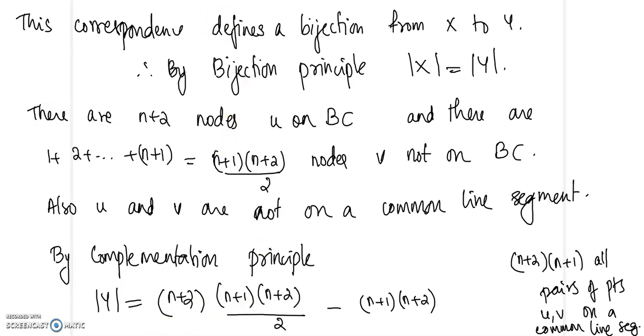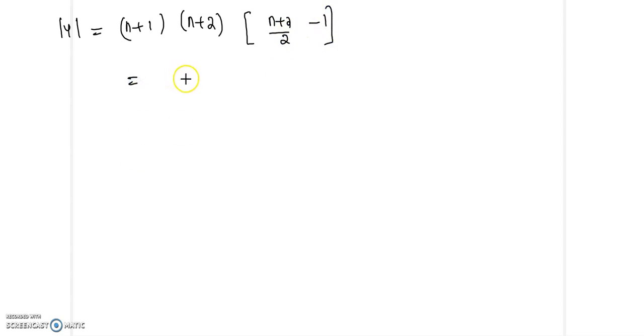Now let us simplify the cardinality of Y. So cardinality of Y will be n plus 1 into n plus 2. Now n plus 1 into n plus 2 is common, so n plus 2 by 2 minus 1 remains. So that will be n plus 1 into n plus 2 into n by 2.